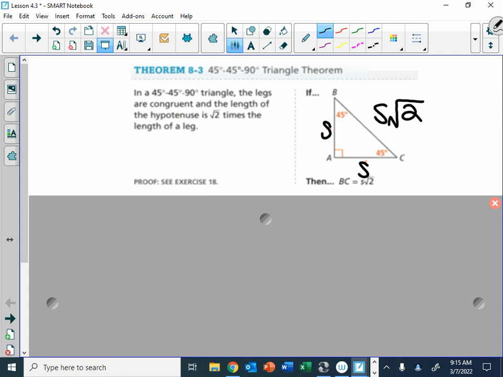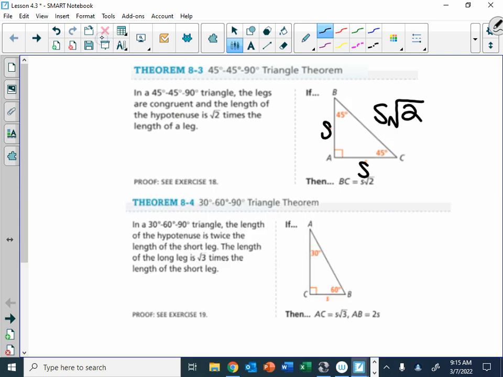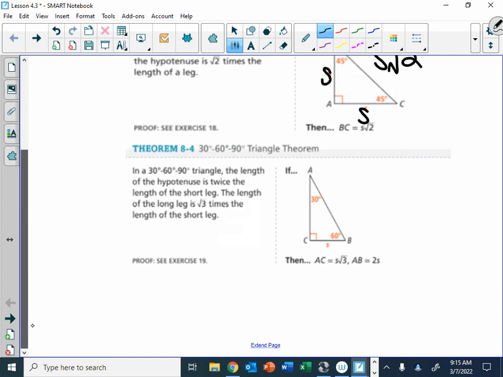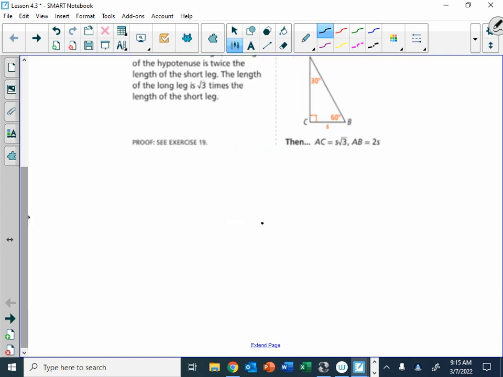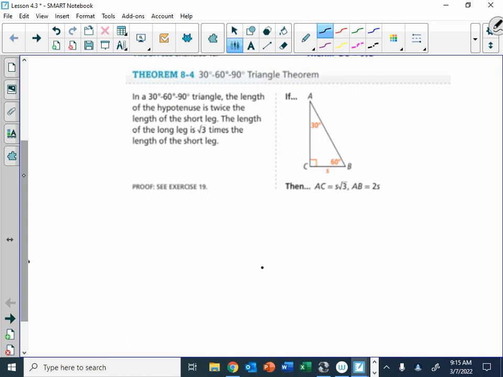Alright. For a 30, 60, 90, so for the 30, 60, 90, it gets a little more complicated. Okay? So 30, 60, 90, hence the name, the angles in the triangle are 30 degrees, 60 degrees, 90 degrees. Alright, we talked about this last week on Thursday, that for example, the longest side is across from the largest angle, right?